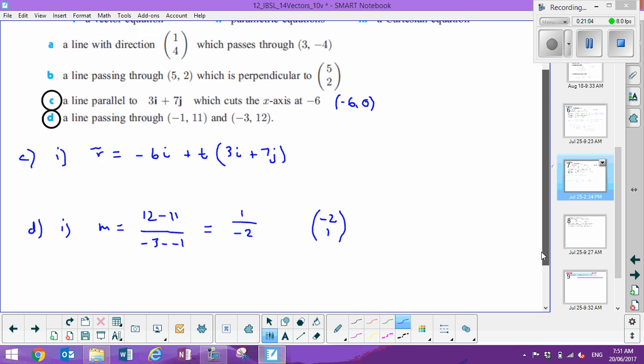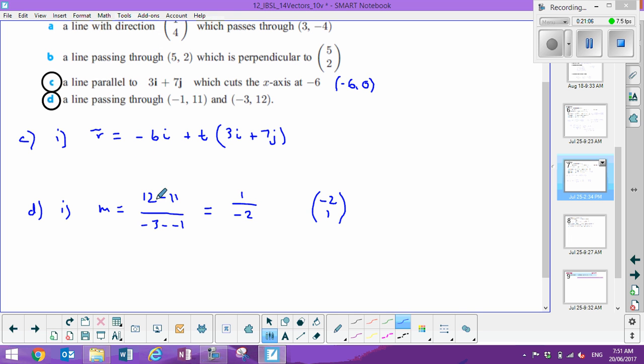If we're going to write those equations, you would just normally choose one of them, and it doesn't matter which one. So our xy for our point, let's take the first one, minus 1, 11, plus t lots of minus 2, 1.